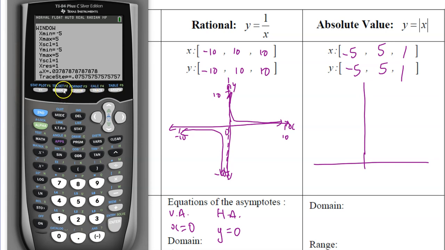And, oh, what am I doing? So the y-min does not need to be -5, right? So we can graph it as like -1. Let's change that to -1, just so we will have a little bit below, just so we can see this axis, but we don't need to go down to -5.